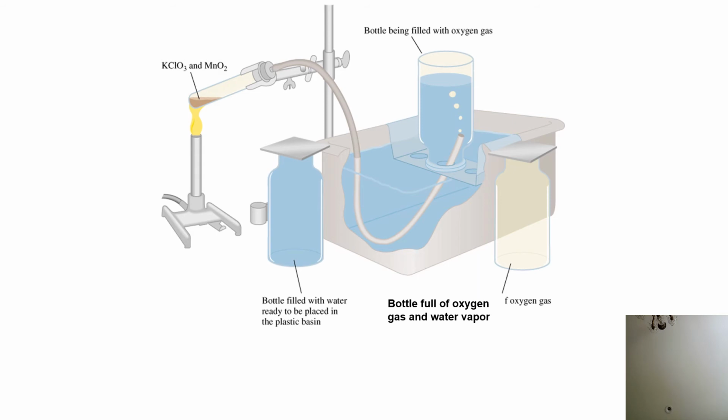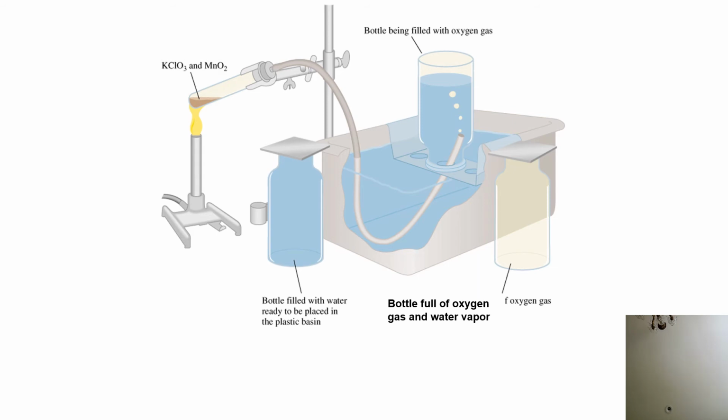So for gases that aren't soluble in water, it's possible to collect the evolved gas by displacing water from the container. And that's the kind of setup you're looking at right now. And if you took 1020 at Normandale, you had a lab in which you collected carbon dioxide gas in a bottle after an Alka-Seltzer tablet reacted with HCl.